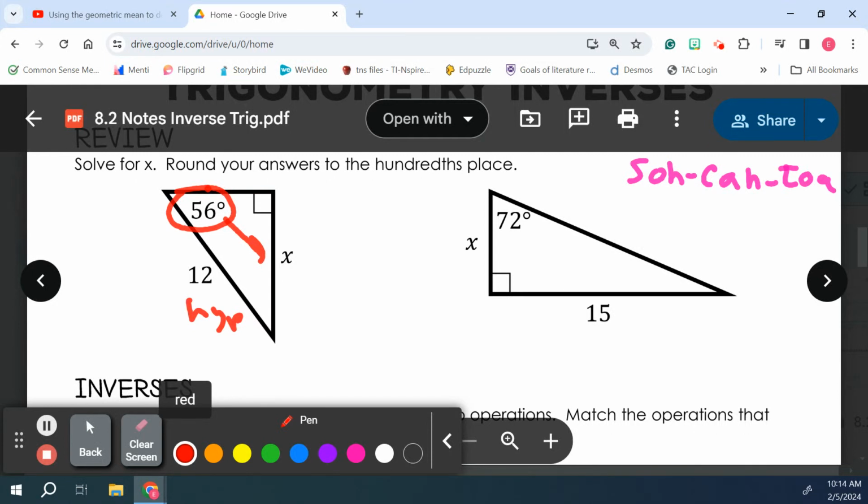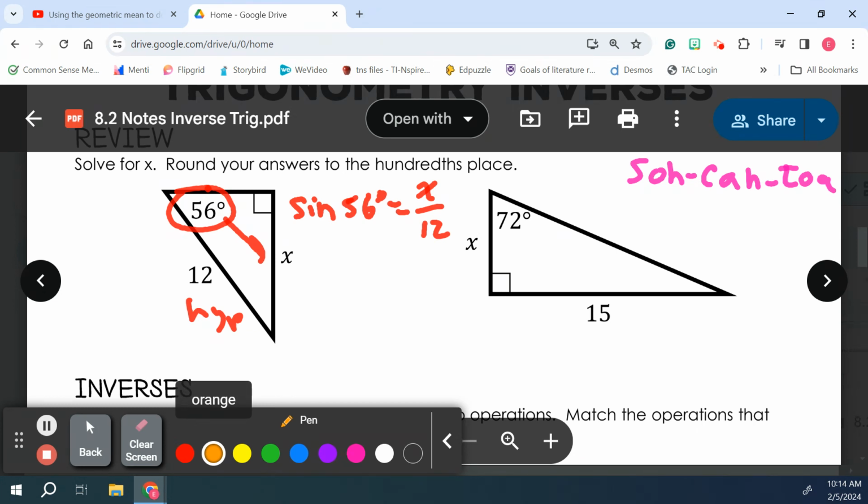Close. Sine. Very good. Okay, so in this case, we're going to have the sine of 56 degrees equals x over 12.